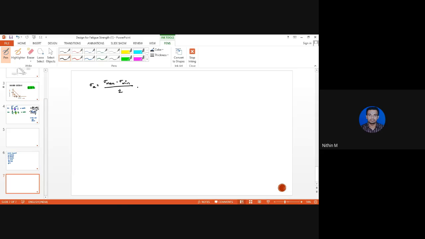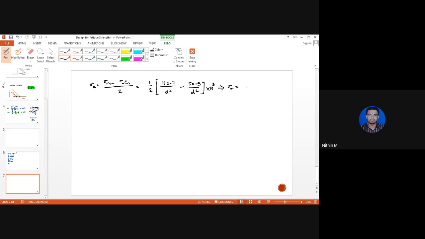So this is 1 by 2 times 152.7 by d square minus 50.9 divided by d square multiplied by 10 to the power of 3. So can you calculate and tell me the value of stress amplitude sigma A?